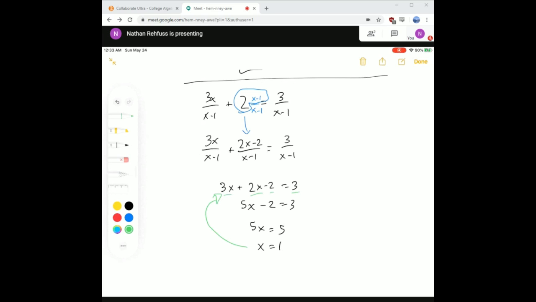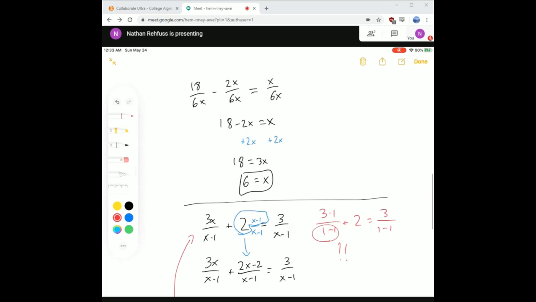But if I go back a step further, this says 3 1s over 1 minus 1 plus 2 equals 3 over 1 minus 1. What's the problem with that? We cannot divide by 0. No good. So this isn't a real solution because it would cause us to divide by 0. Anytime you started with a fraction, it's probably a good idea to check.